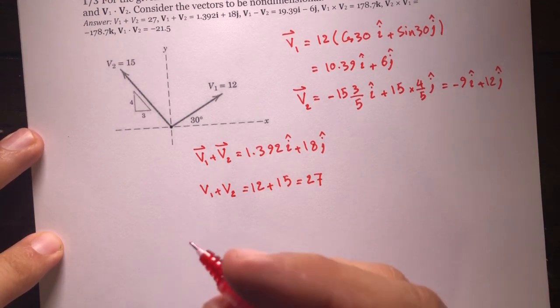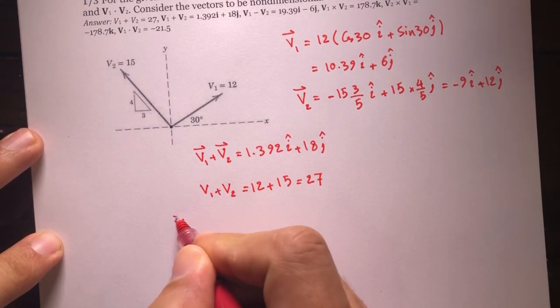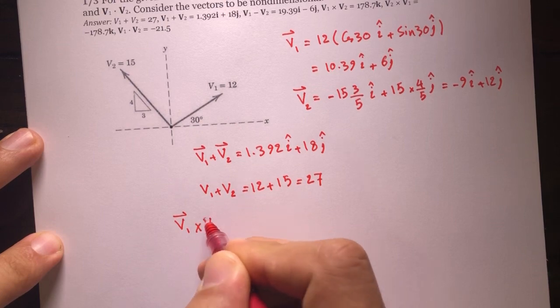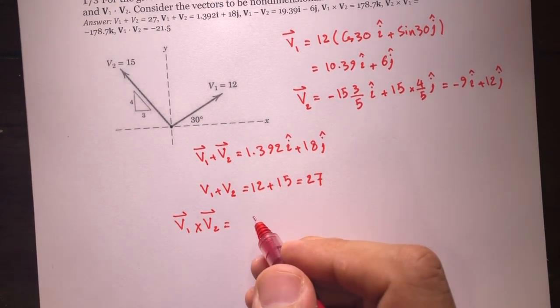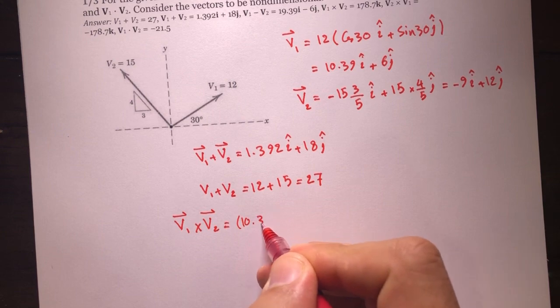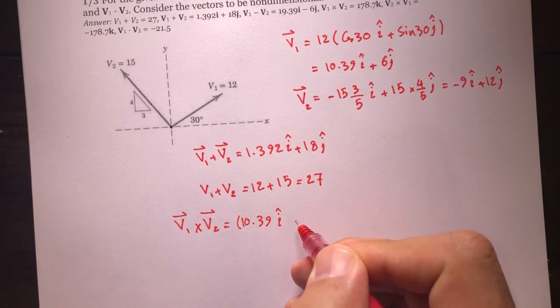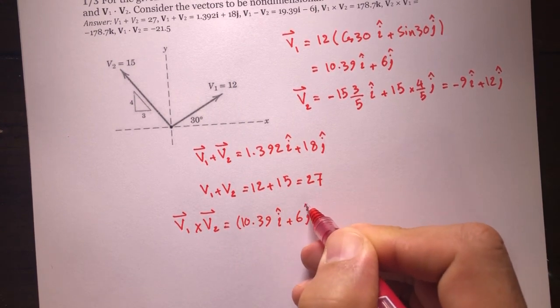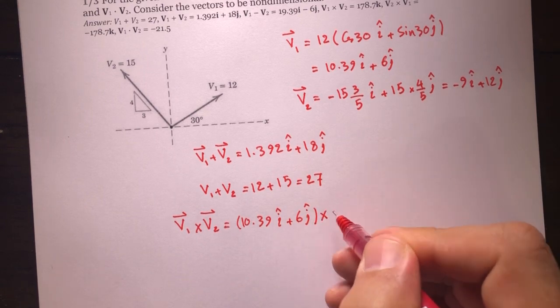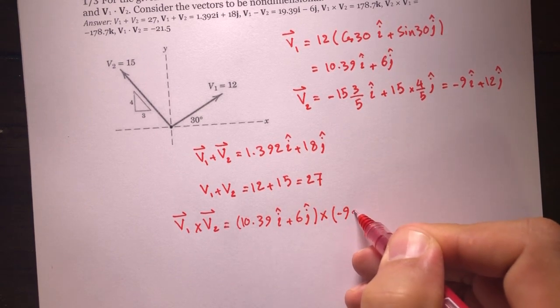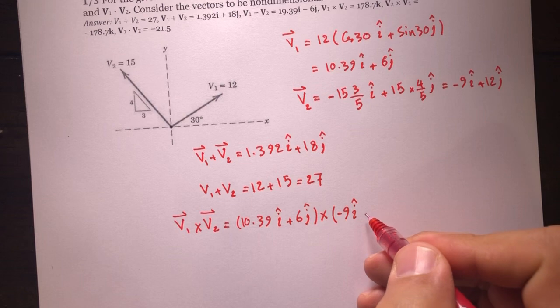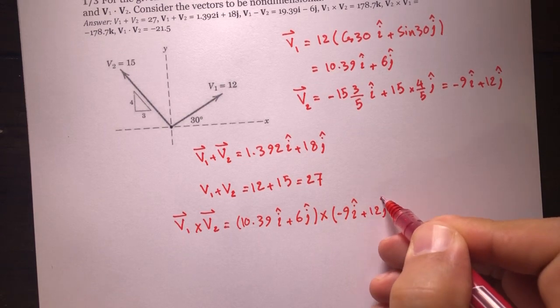And if you want to do cross product in the same way, v1 cross v2, for example, it's going to be 10.39 in the I direction plus 6 times j, cross product to negative 9 in the I direction plus 12j.